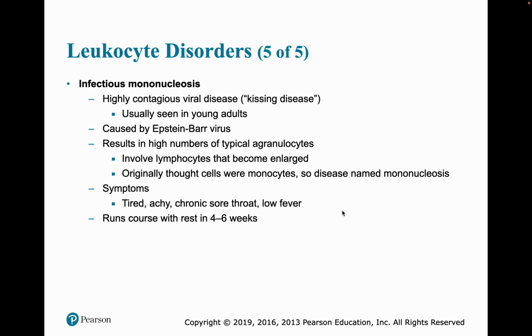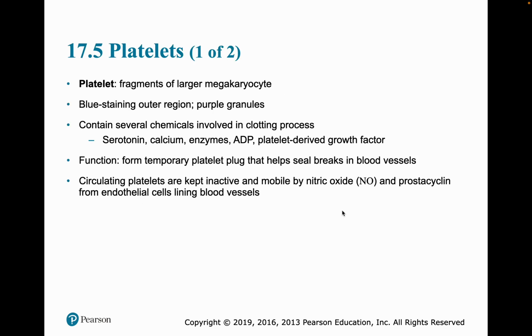Can be in the lymphocytes that become enlarged. Originally, they thought those were monocytes, so they were called the disease mononucleosis, but it turns out they're agranulocytes, lymphocytes. Symptoms would include tired, achy, chronic sore throat, low fever, and it runs its own course with rest in about 4 to 6 weeks.